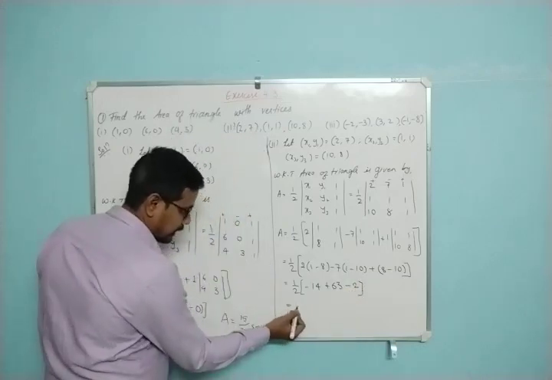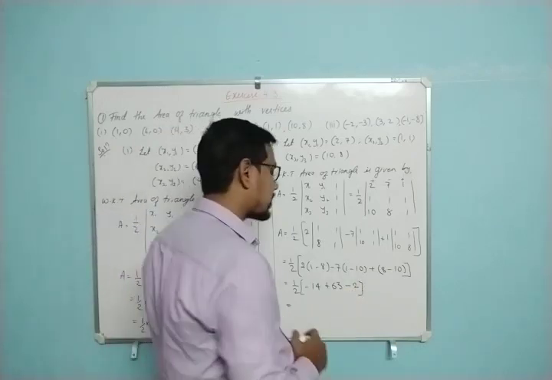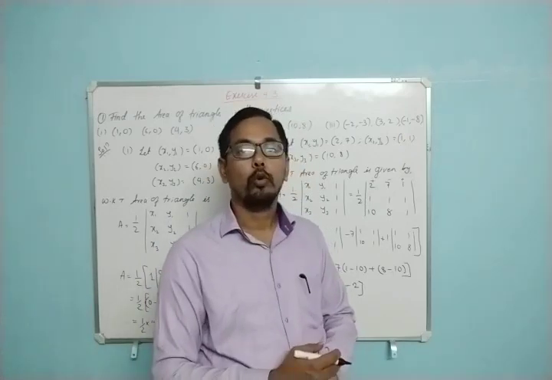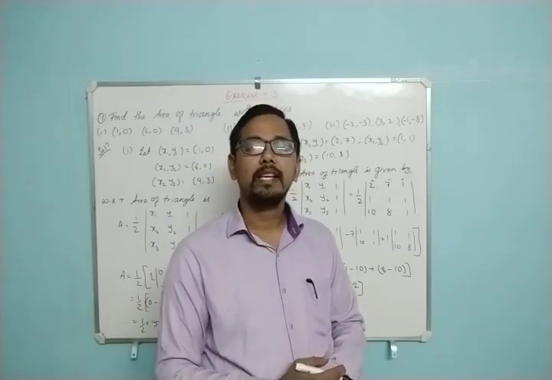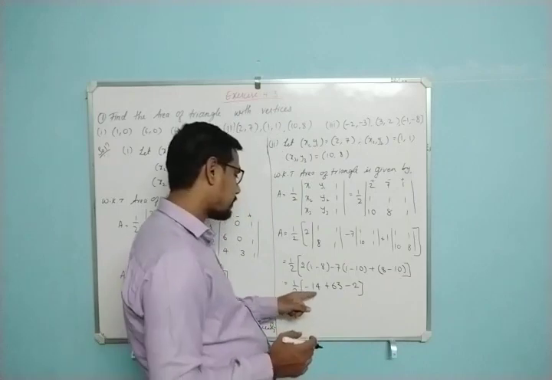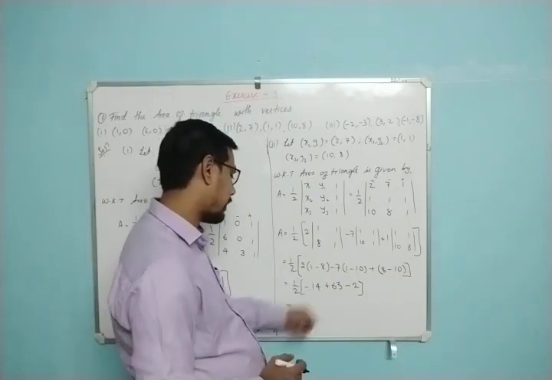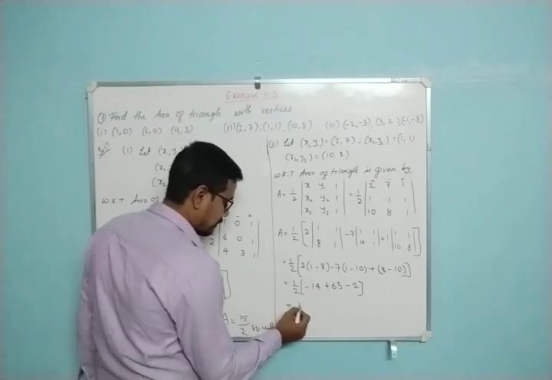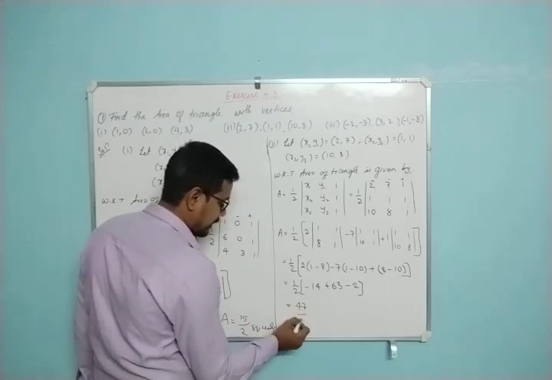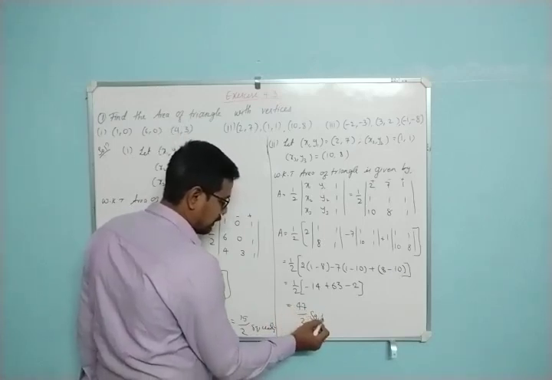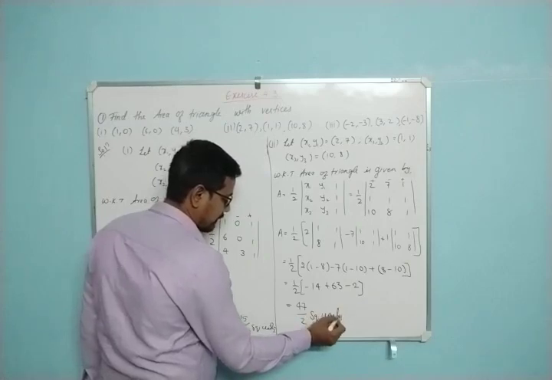So this is minus 14 plus 63 minus 2. Minus 14 plus 63 is 49, and 49 minus 2 is 47. So it is 47 by 2 square units.